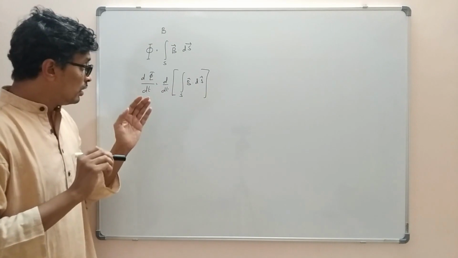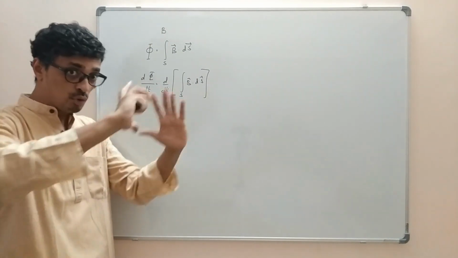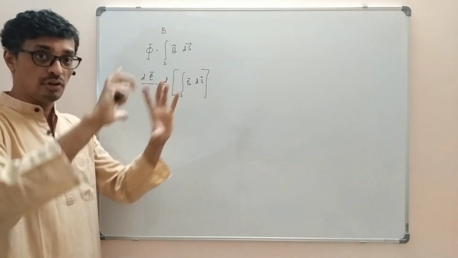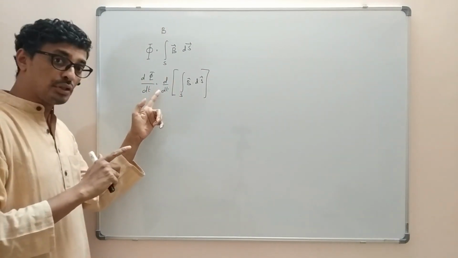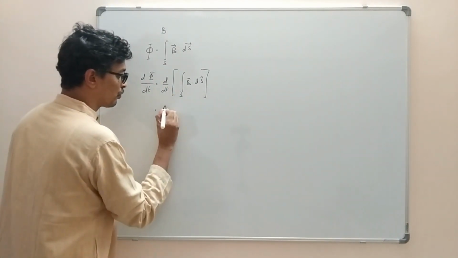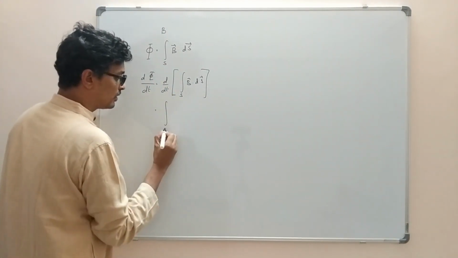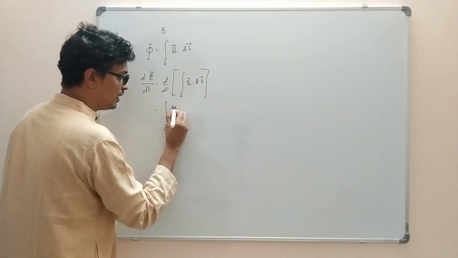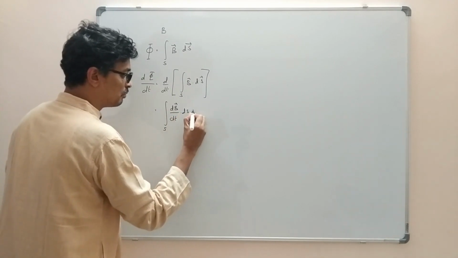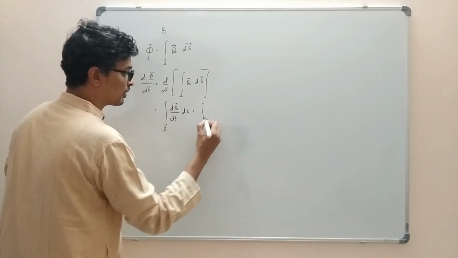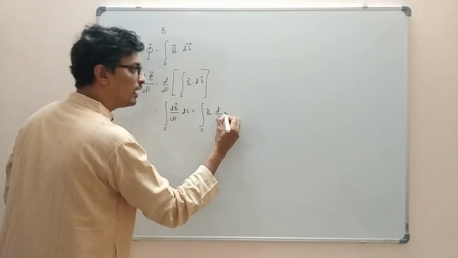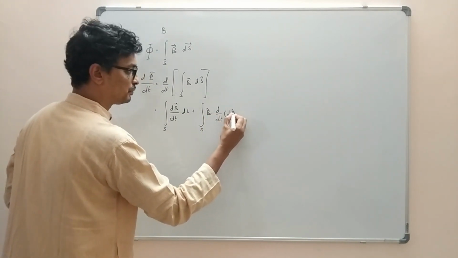Now, as the plasma moves along, the field is going to change as well as the surface is going to evolve. So the time derivative is going to act on both B as well as ds. So this will be the surface integral of dB by dt dot ds plus the surface integral of B dot d by dt of ds.